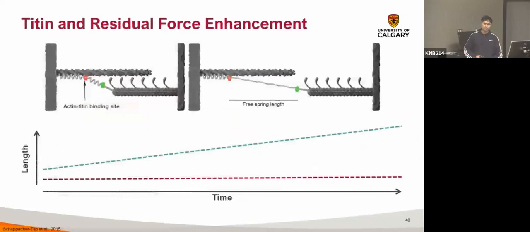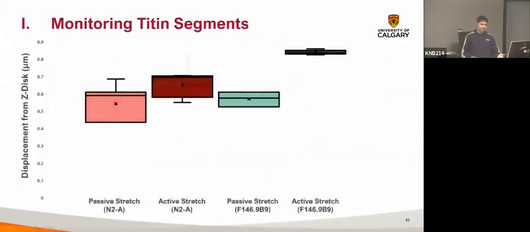What we would expect is that because we have binding, one of the labels is going to be a lot more stationary. In this case, our red label, which is closer to the binding site. And our green one, because it's in the free spring, and now because the free spring has to overstretch, the green one moves a lot more. And that is kind of what we see here.